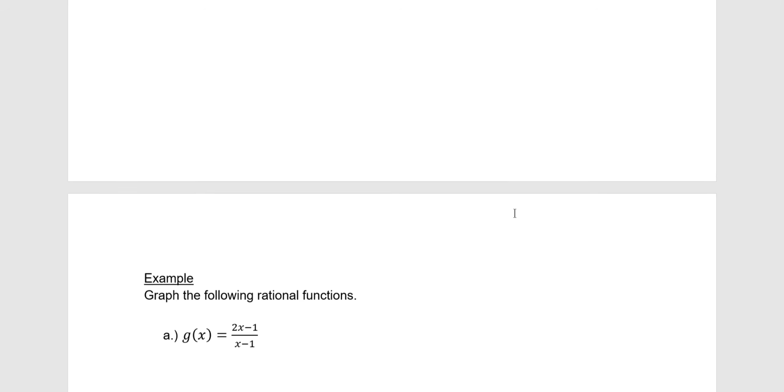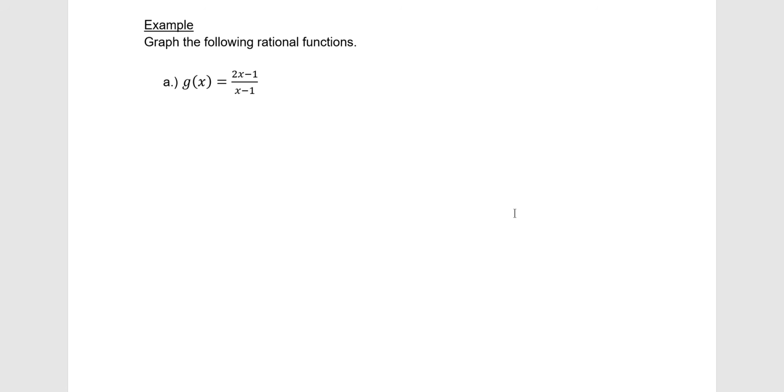Okay, so let's do a couple examples here. So let's graph the function 2x minus 1 over x minus 1. So this is already simplified. We can't factor and cancel any common factors. So we can go ahead and find the y-intercept. And we know that this is going to be evaluating g of 0.